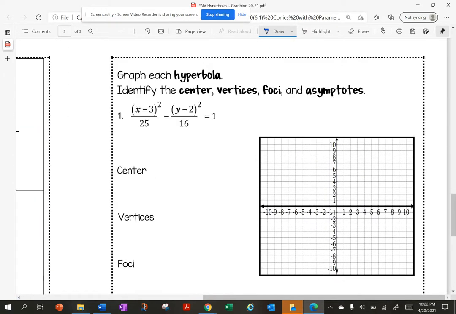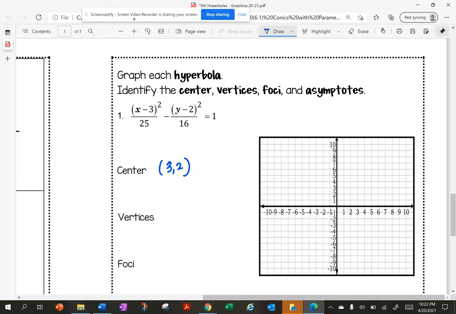All right. Let's look at the first one here. Okay, so number one, I'm already in standard form. So I know what my center is. I can say my H and K. So my center is at 3, 2. So I'm going to graph 3, 2.